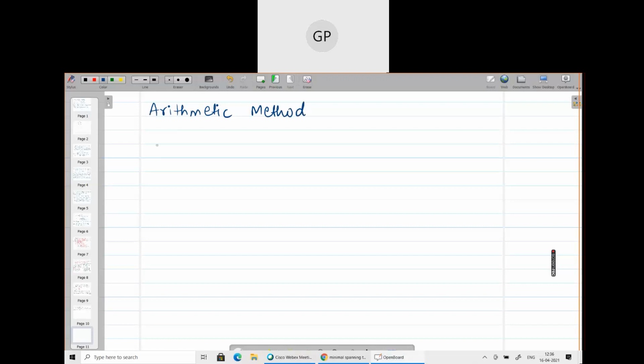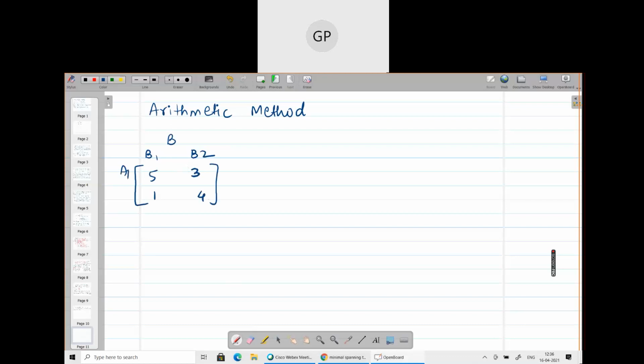So for example, I have a game: 5, 3, 1, 4. Quickly tell me whether there is any saddle point. By observation, you should be able to tell me quickly. Is there any saddle point? 3, 1, 5, 4.